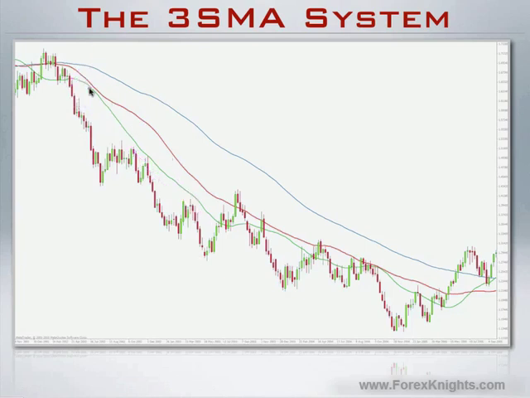From that point, we see no further crossover. All the moving averages are more or less flat, more or less pointing in the same direction. And please mind how price remains on the right side of the 50 simple moving average most of the time. However, we can also notice how price occasionally does breach beyond the 50 simple moving average, okay? We do get some occasional breakouts. Now, that's still okay as long as price doesn't remain above the 50 simple moving average for more than 3 or 4 consecutive bars, okay?